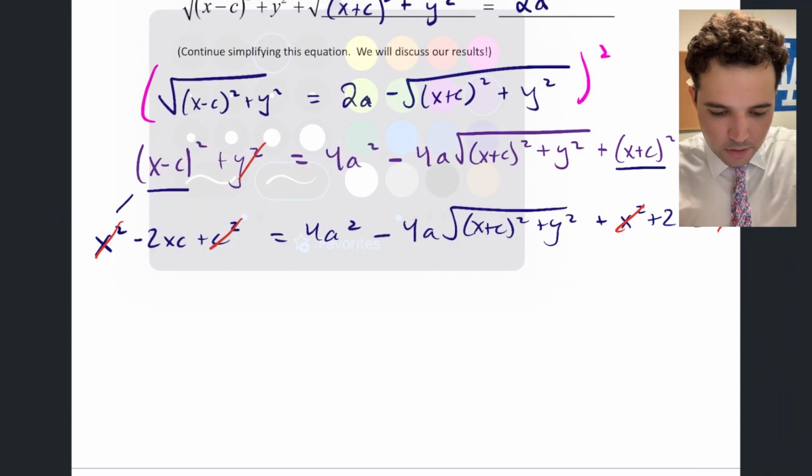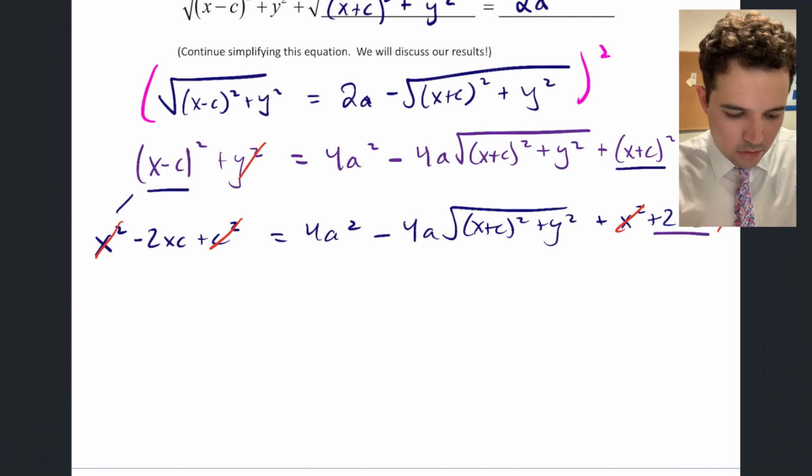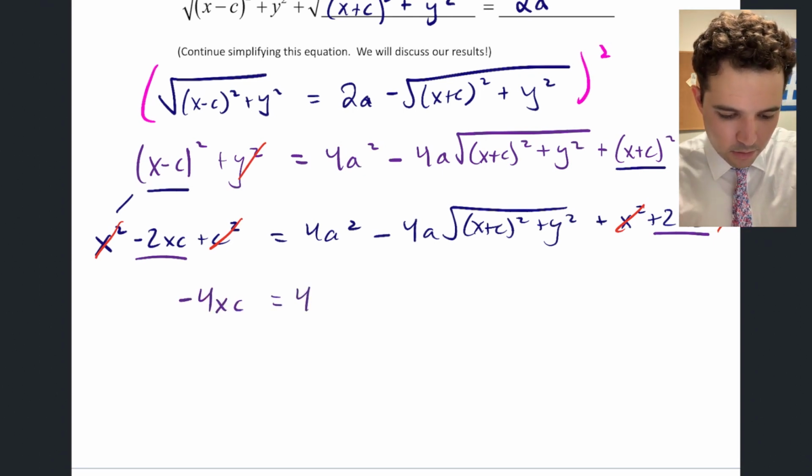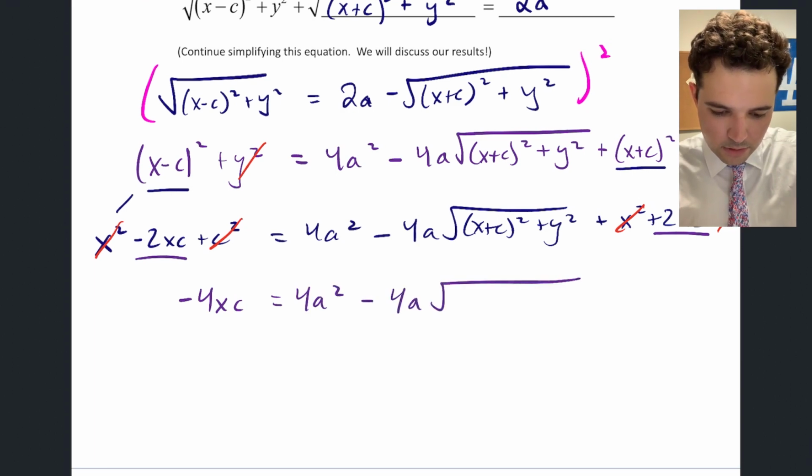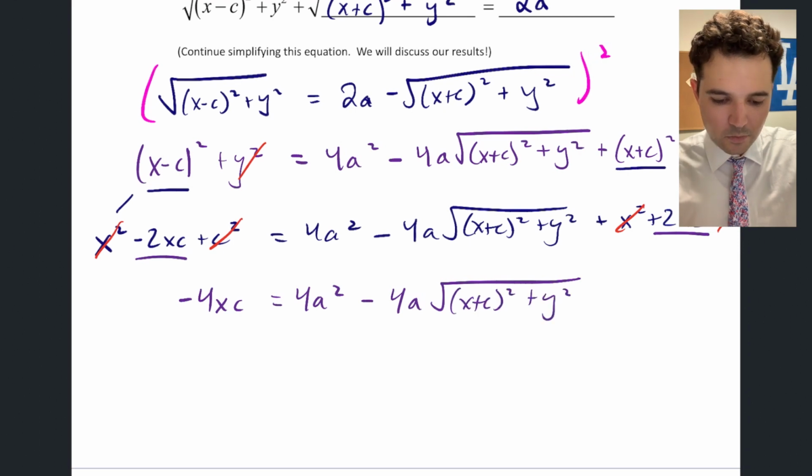So I'll do a little more consolidation by combining my two xc's. So I'll subtract this one over here, and I'll end up with negative 4xc is equal to 4a squared minus 4a root x plus c squared plus y squared.